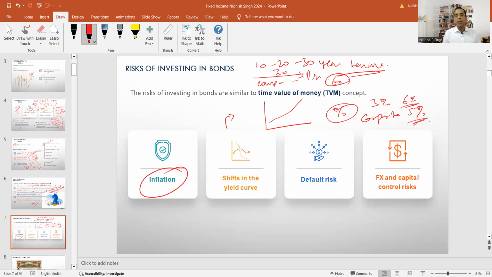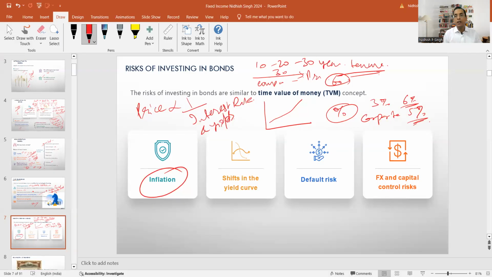So as the yield curve or the interest rate rises in the market, the price of that bond will be impacted because bond price is inversely related to the interest rate. And also the yield.